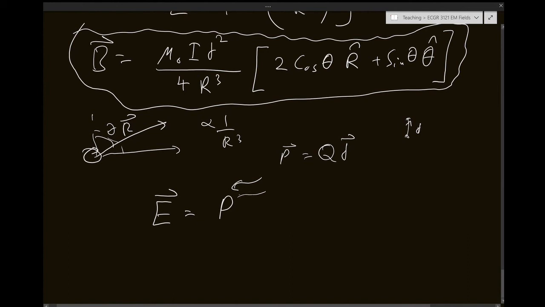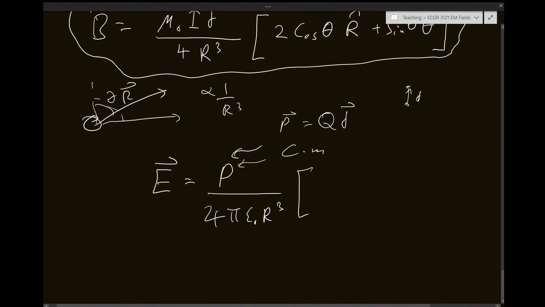So it has units of coulomb meter. Over 4 pi epsilon naught r cubed. And this is the result that we got for the electrical dipole, by the way. I'm just repeating it. 2 cosine theta, sine theta. I'm going to show you that it's exactly the same.